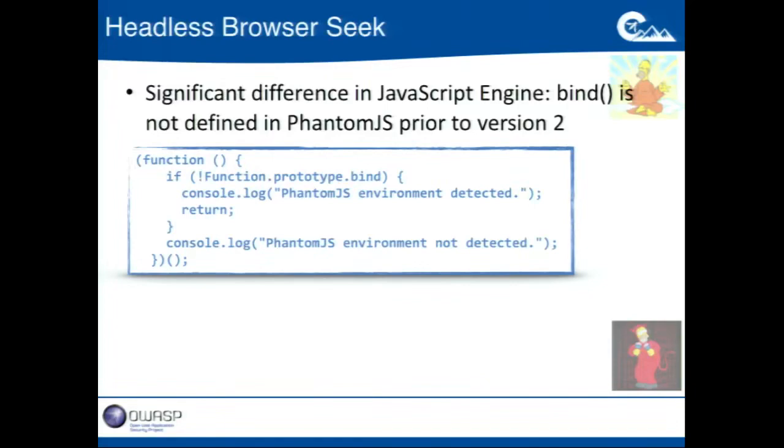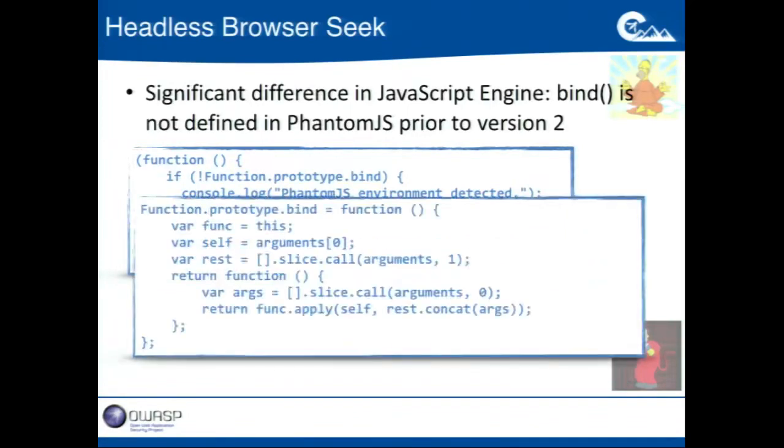Say you have a function that simply returns this, then you call bind with some other thing, for example, bind with document. Then when you call the function that's returned by bind, it will actually return document to you. So this is basically what it does. Take the function as this pointer and the self as the first argument, and then inside the returned function, you call func.apply with the self and some other details.